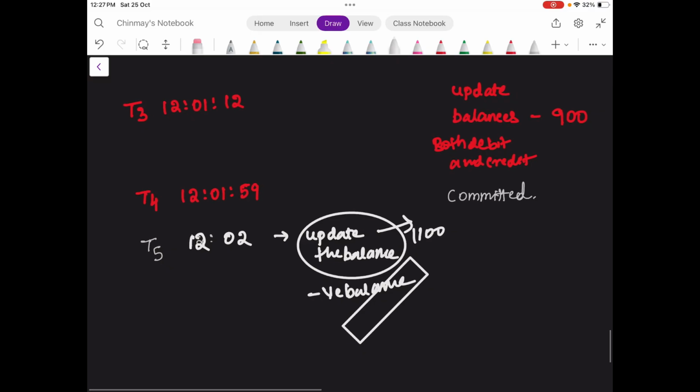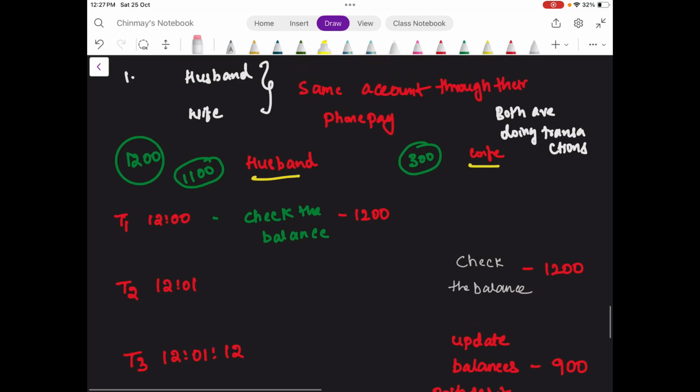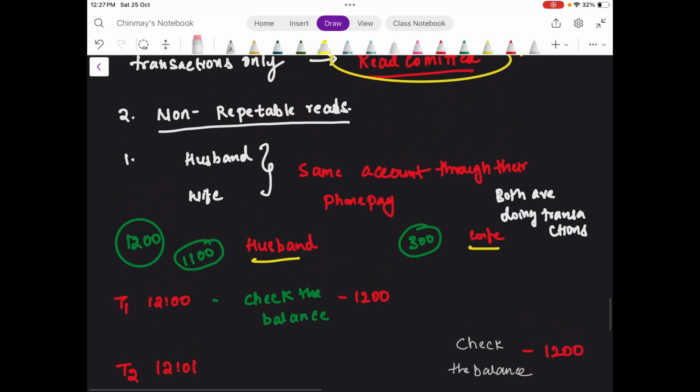It goes to the negative balance. This is absolutely wrong, right? This problem is called non-repeatable read.